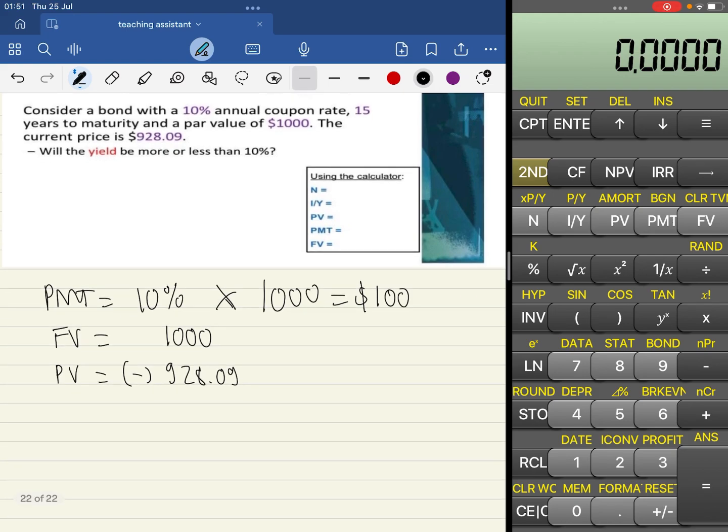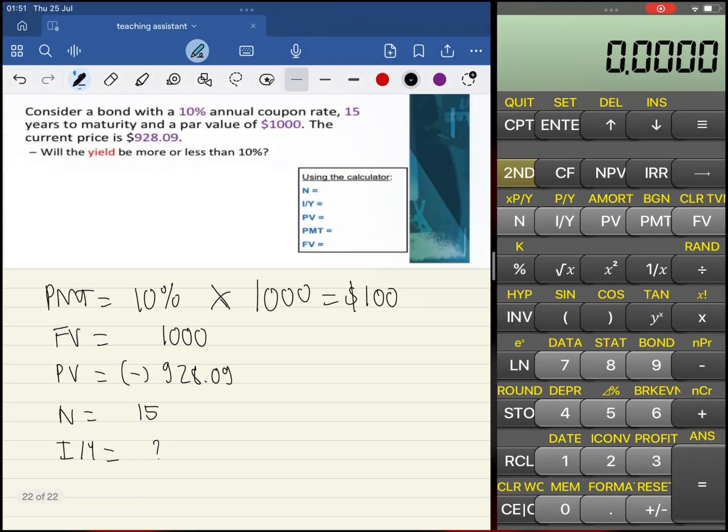How about the maturity, the period? This one is an annual coupon, 15 years to maturity, so n is equal to 15. We have to find the yield, therefore I over Y will be computed. Let's apply it on the calculator.